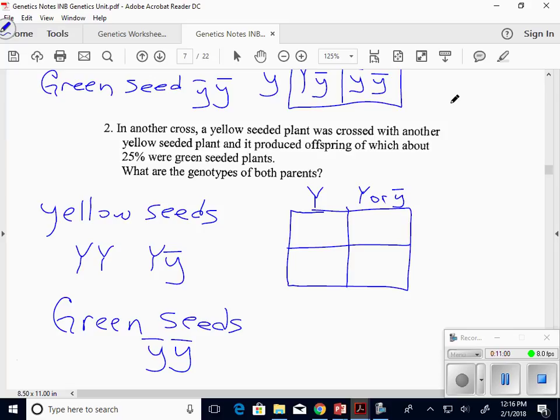It just tells us that it's yellow. This one is a capital Y. This one's the same way. It could be capital Y or it could be lowercase y. We don't know. But what is the key point to help us figure out this particular problem? Okay? Lewis, what is it?